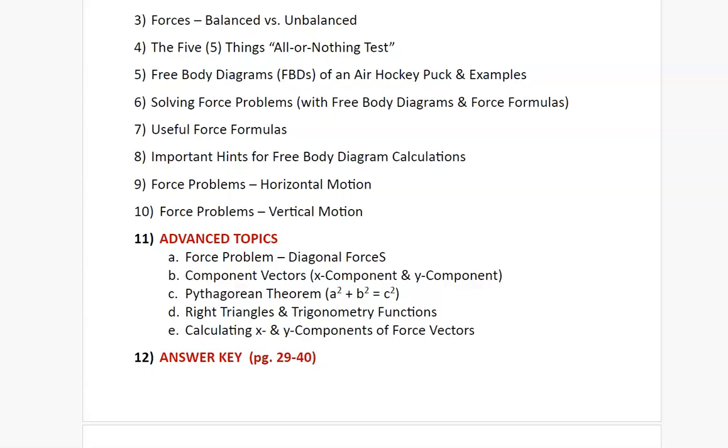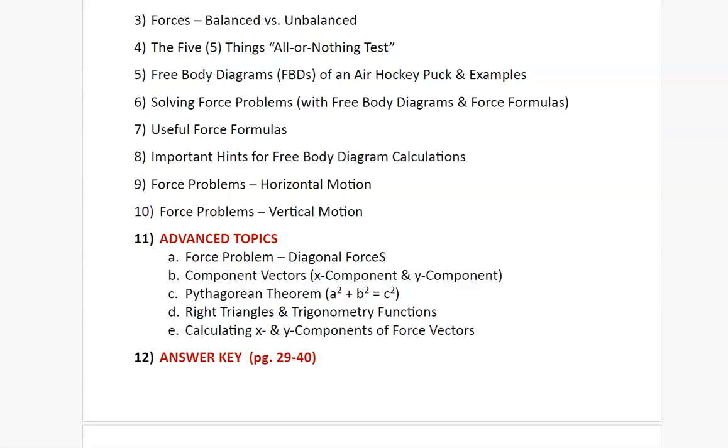So we'll go over some force formulas, we'll go over some important hints from the free body diagram calculations, and then we'll actually do examples of force problems where the motion ends up being horizontal, and we'll do some force problems where the motion ends up being in a vertical direction.